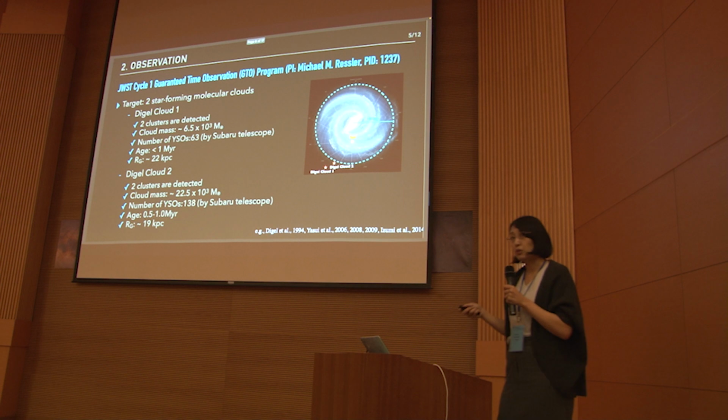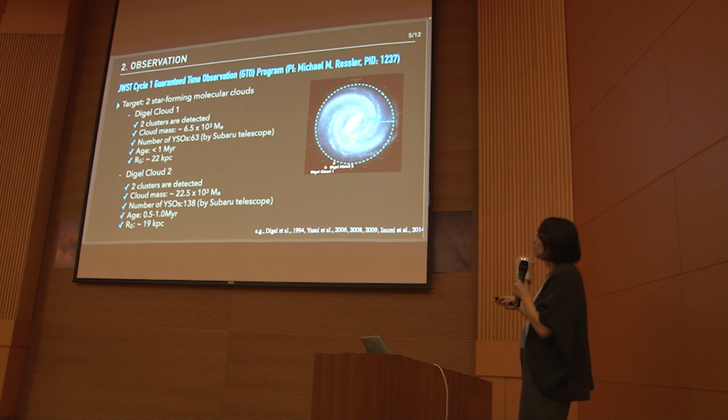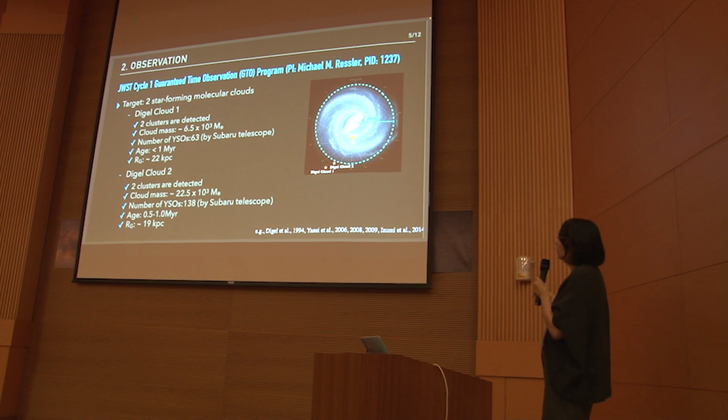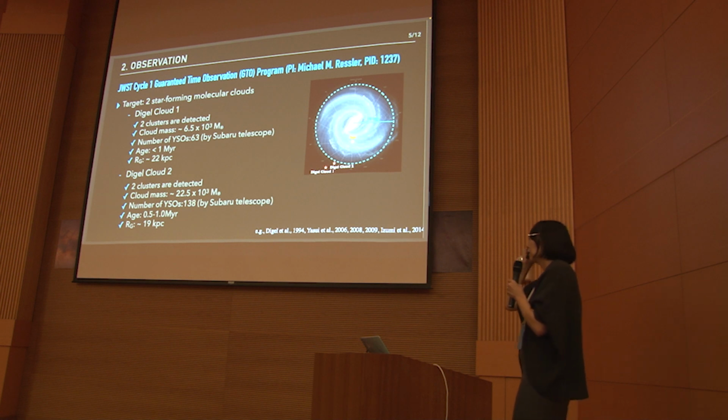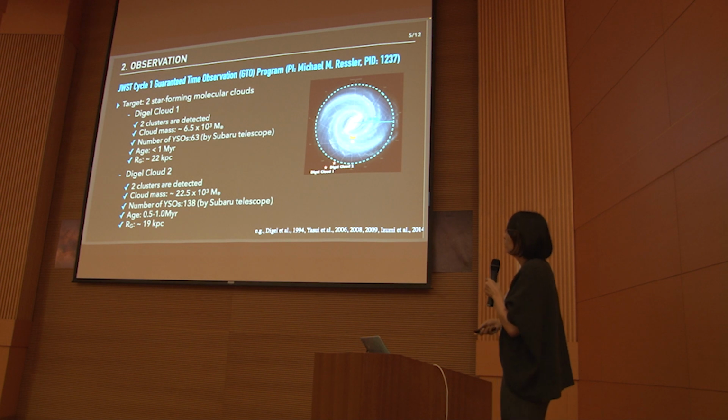To investigate these questions, we performed near-infrared to mid-infrared imaging observations of two star-forming clouds located in the EOG, named Cloud 1 and Cloud 2, with JWST. Here I show basic information of the two targets and the location of the targets.